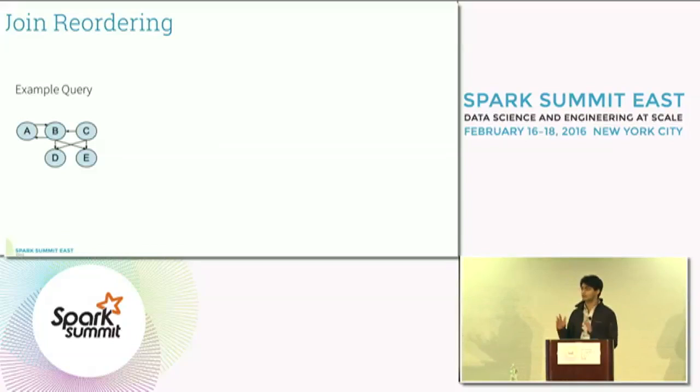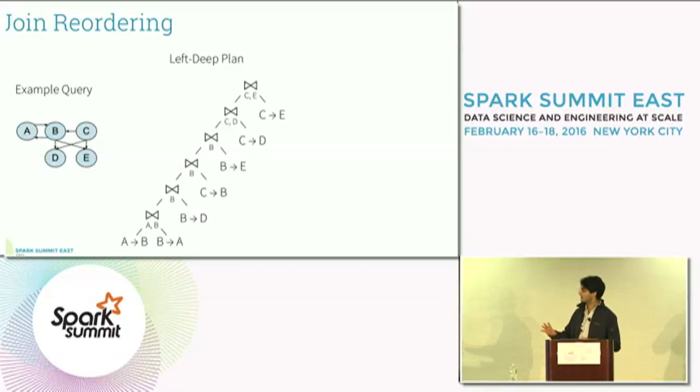So given this example, a slightly complicated graph pattern query, there's an exponential, huge number of plans that this can result in, and the reason is that each plan corresponds to one of these join trees, right? If you give this to a database, this is the plan that you'll probably get out by default, which is, in the absence of any cost-based optimization, this left deep plan.